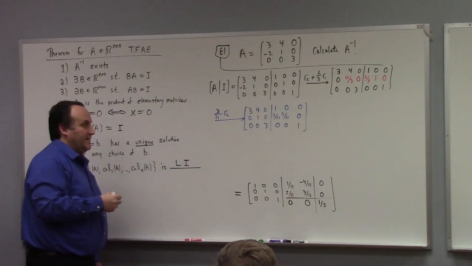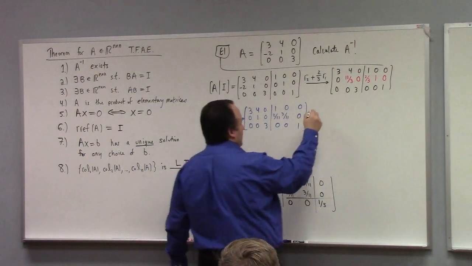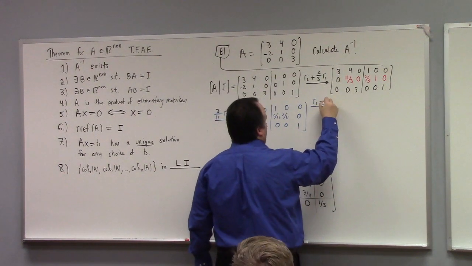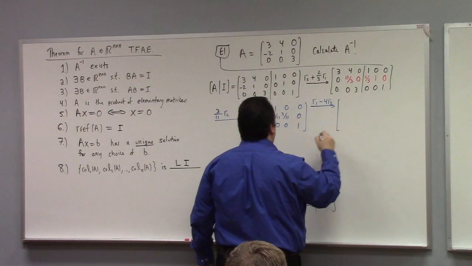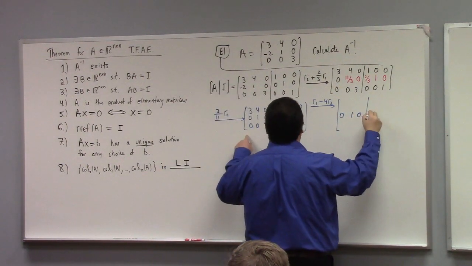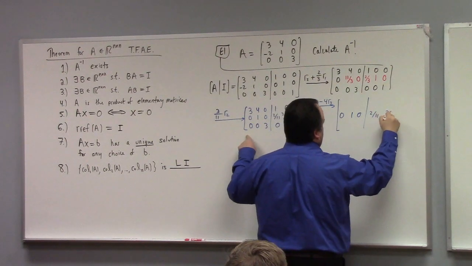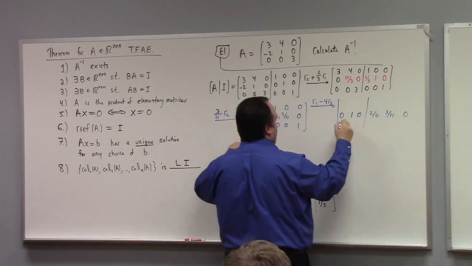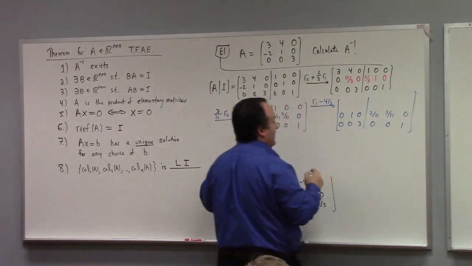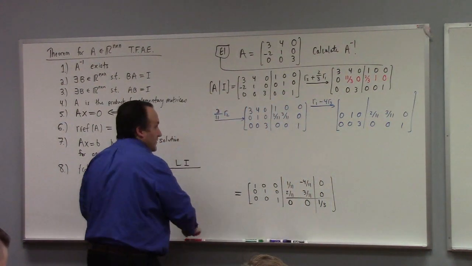Now let's clear out that 4. Clear out the 4. How do we go? Row 1 minus 4 row 2. Right? So we're going to keep the 0, 1, 0, 2/11, 3/11, 0, and then keep the bottom row 0, 0, 3, 0, 0, 1. All right? The top row, how's it go?